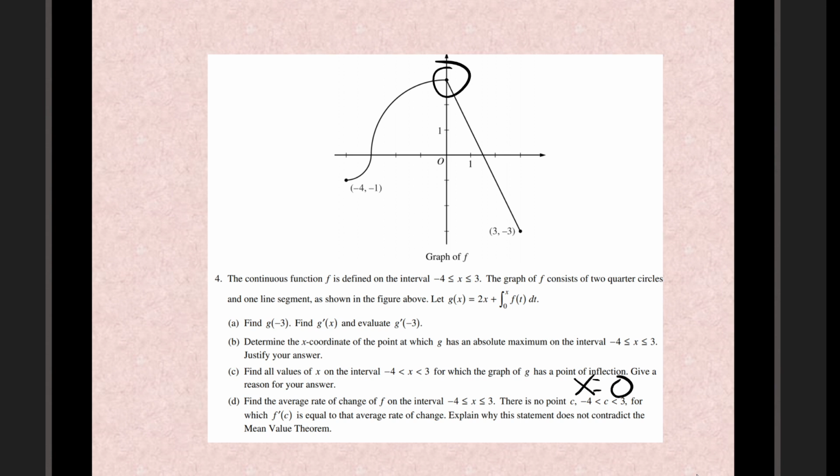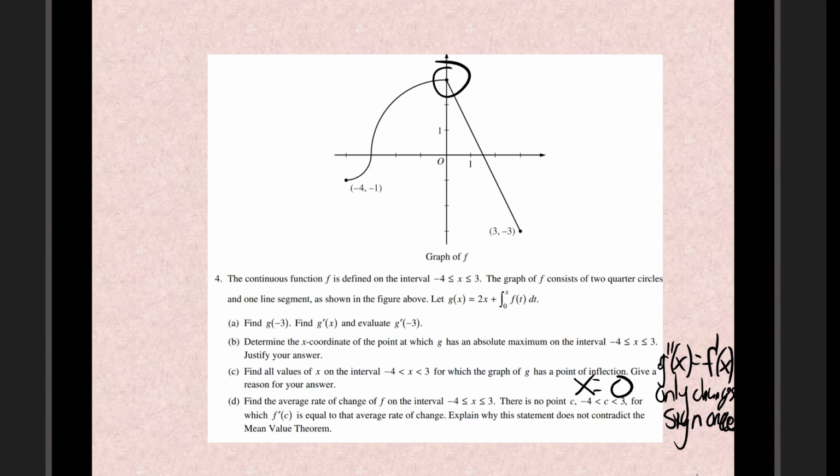And so my reason for the answer was taking that second derivative, figuring out that the second derivative of g was exactly the derivative of f, and figuring out that f only changes sign once. And that was at x equals 0. Again, fairly tricky.